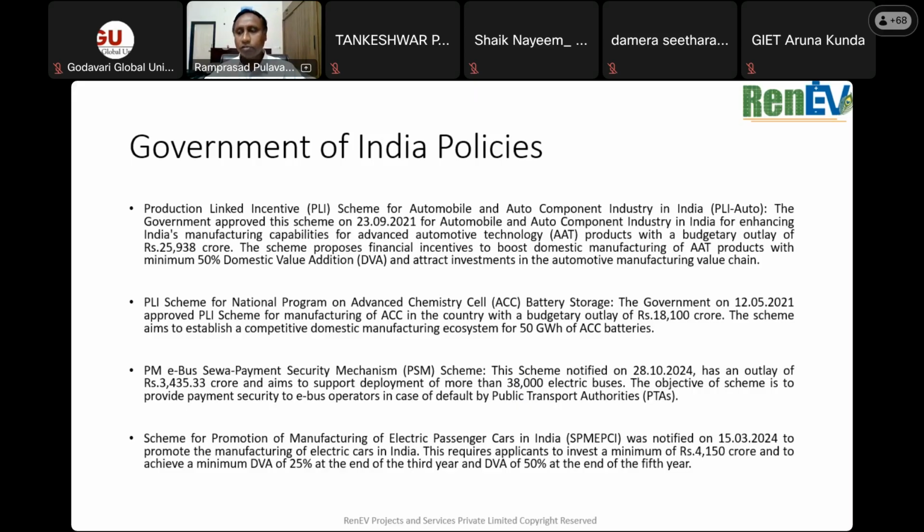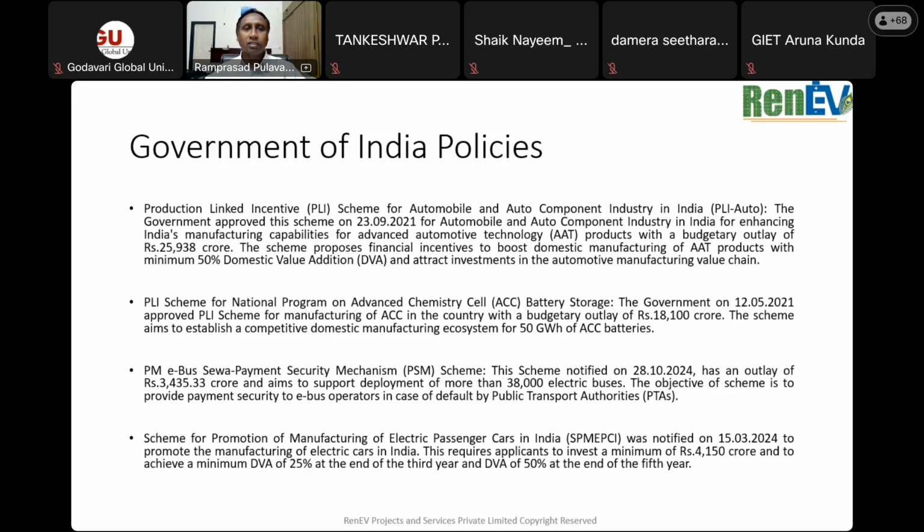Of course, you see lead-acid batteries being manufactured in India, but the issue with lead-acid batteries is the depth of discharge is approximately 45 to 50%, whereas in a lithium-ion battery cell, the depth of discharge can be as high as 80 to 90%.